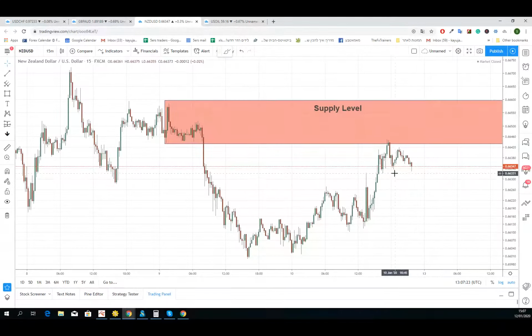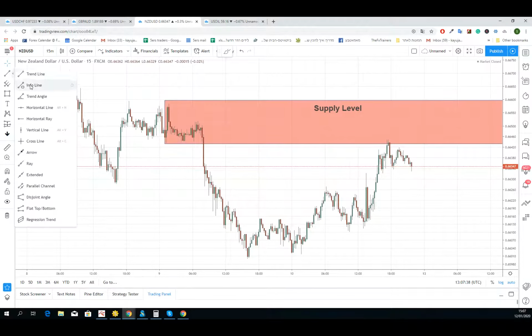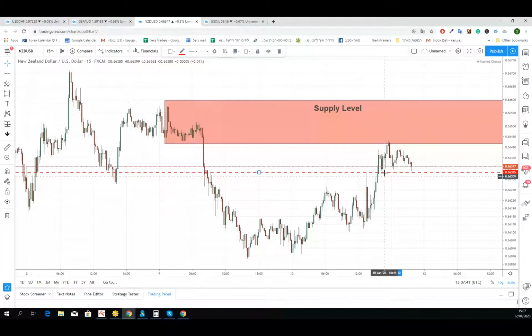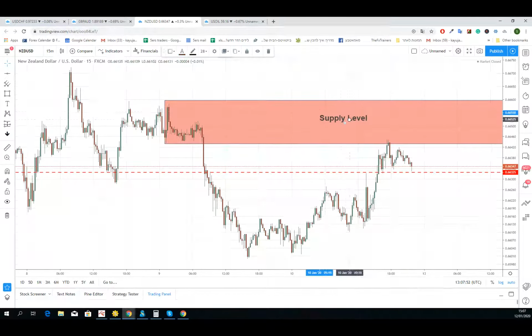So maybe if the price breaks out this last low that the price creates in this uptrend on the 15-minute chart, it can be the confirmation zone to try to join this opportunity. I'll put the line here, which is the last bottom. It can be another, like a second signal to sell this Kiwi dollar, and then go back to the hourly chart.